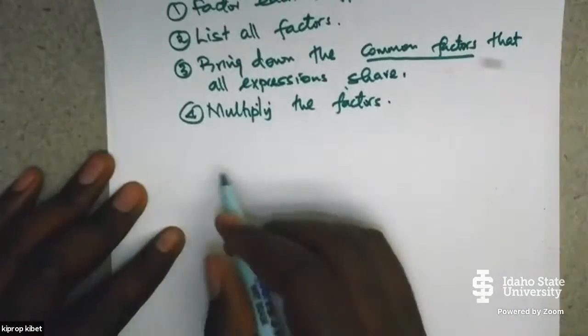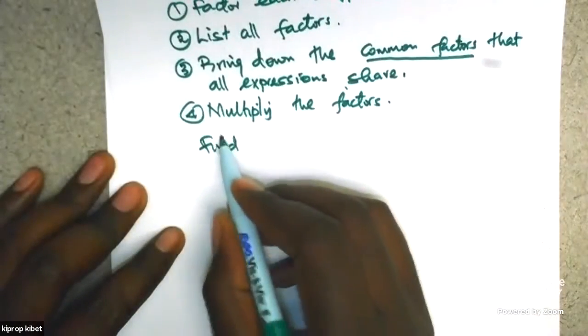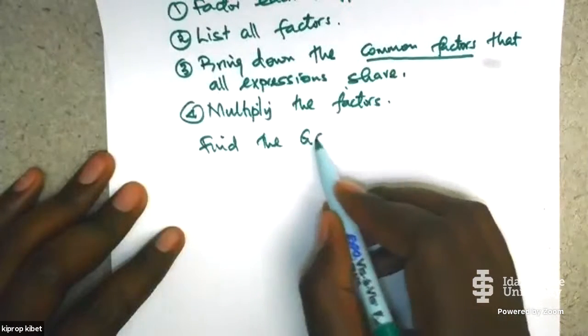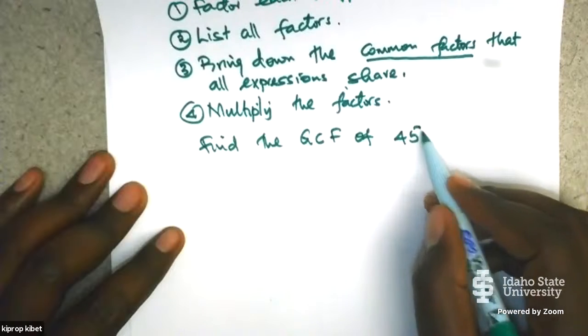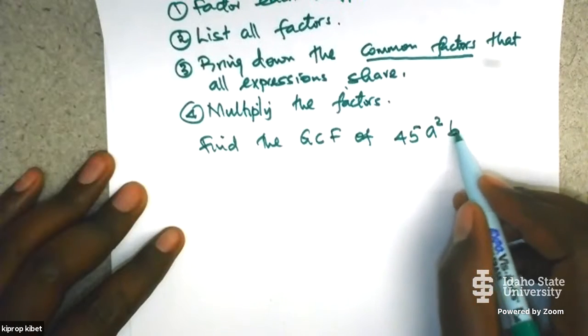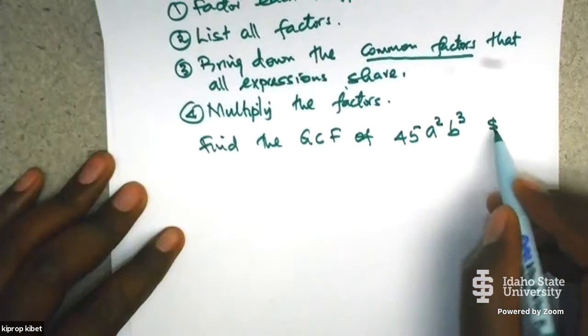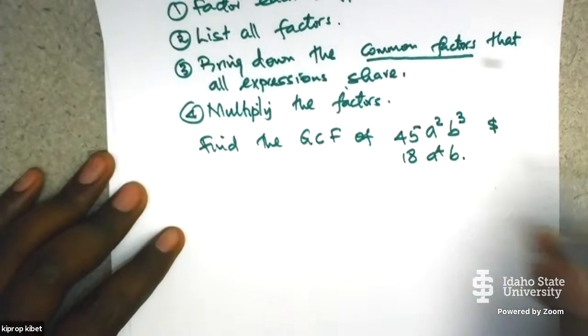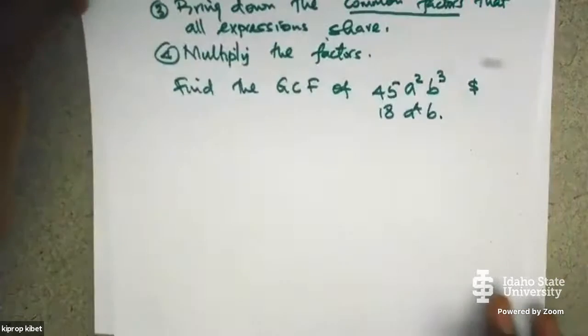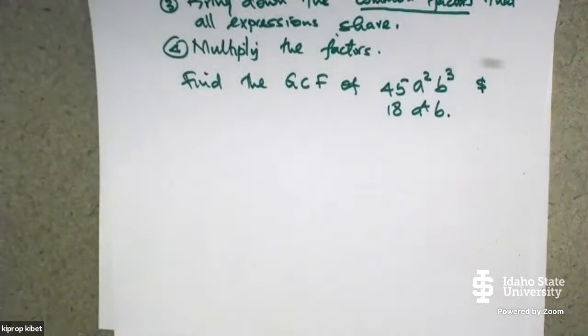Now, let's look at an example. Find the GCF of 45 a squared b cubed and 18 a raised to 4 b. So how can we find the GCF of those?